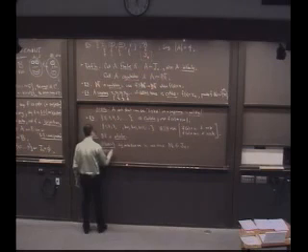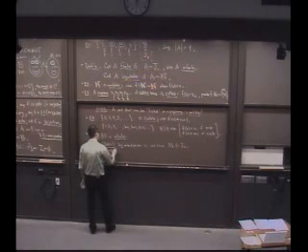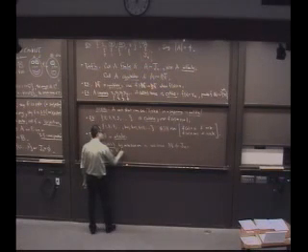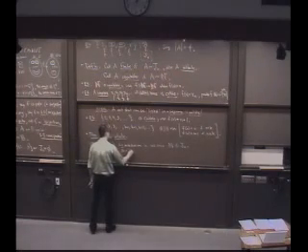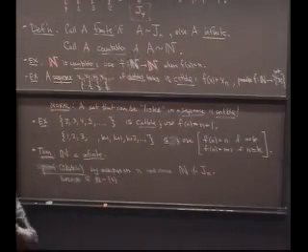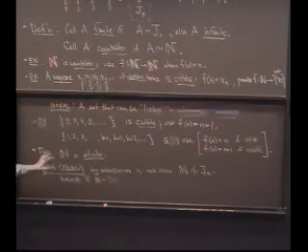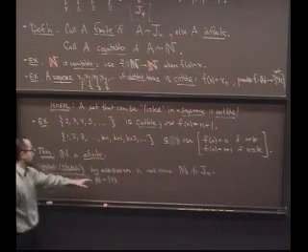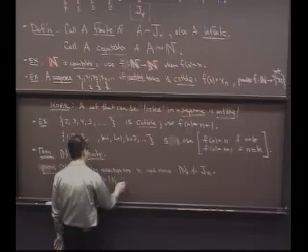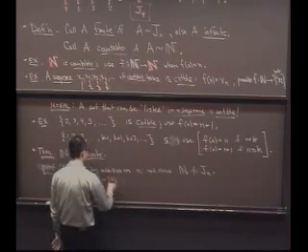I'll write out a sketch. Base case, let's say if n is bijective with the set 1, so clearly n's not empty. And if it's bijective with the set 1, then what do I know about 1?